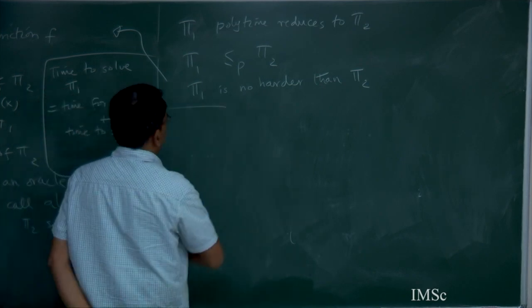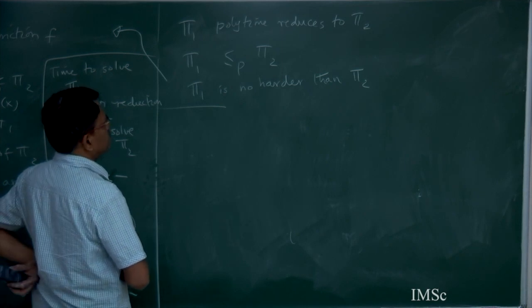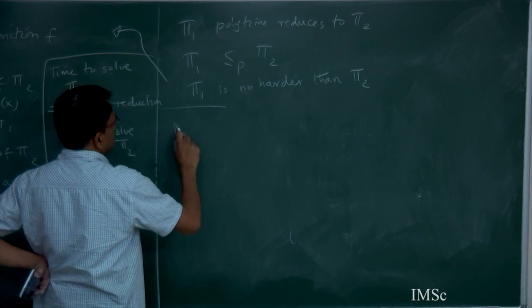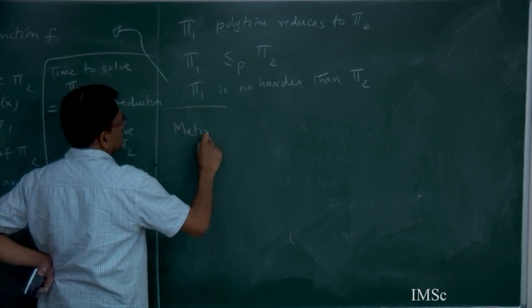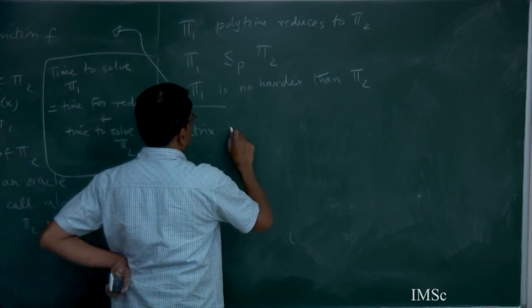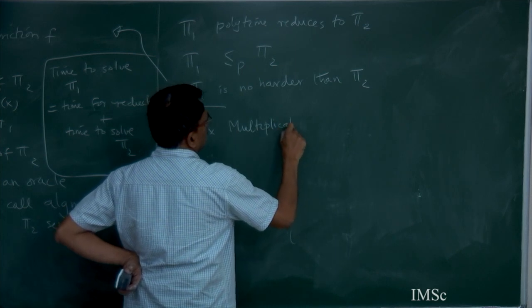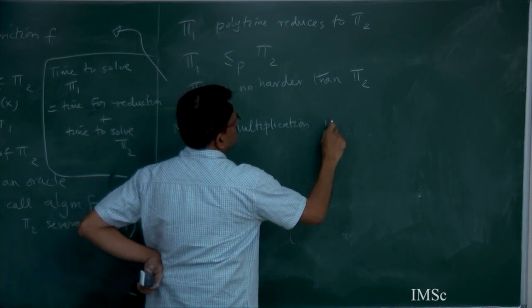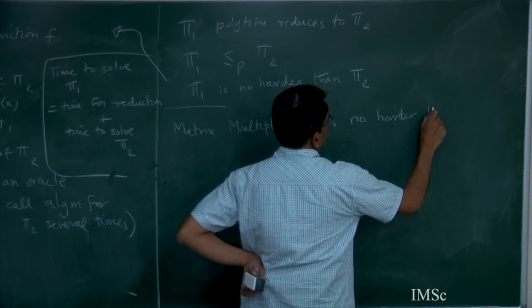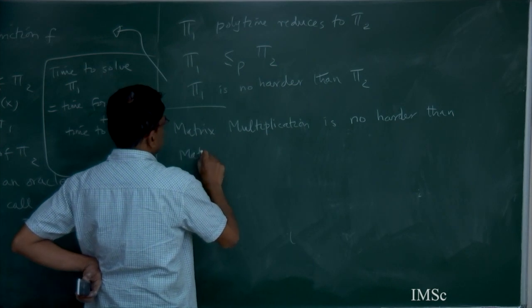So for example, this is polynomial time, but let us say here is matrix multiplication. I want to say this is no harder than matrix inversion.